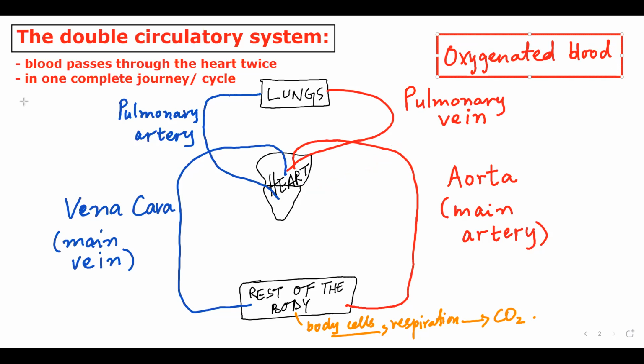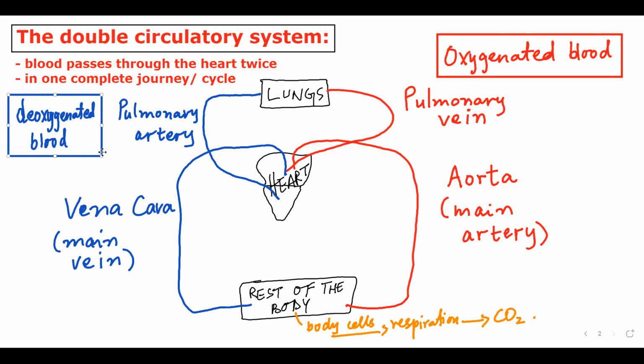And this blue color here, what will it be showing? Deoxygenated blood. So we will gradually understand the concept of this double circulatory system.